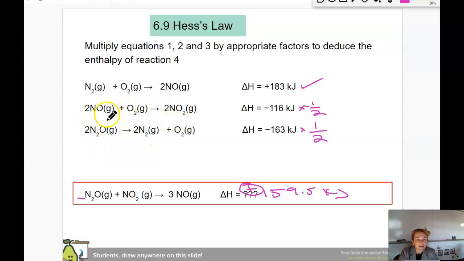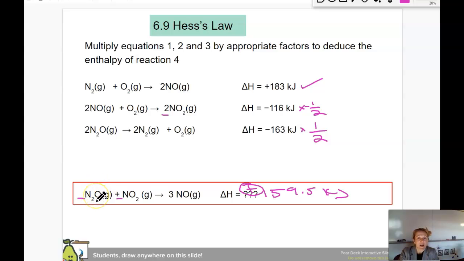In our second step, we want to have 1 NO2 right there, and we have 2, we want to go to 1, so that's how we get the divide in half. We also see that this is product, and we want it to go to reactant, and that's how we get the flip.